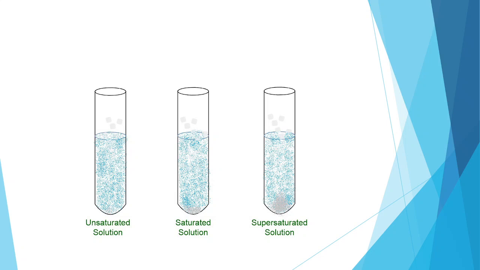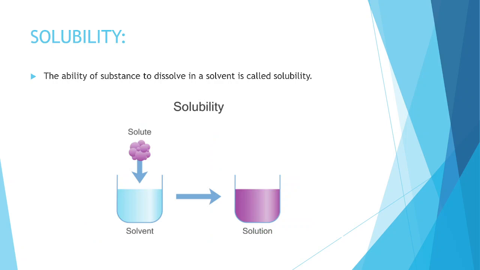In a saturated solution, we have added more solute to the particular solvent, and now they are miscible with each other and converted into a solution. Whereas in a supersaturated solution, more solute is added into the solvent than the maximum number required to dissolve in that particular solvent.